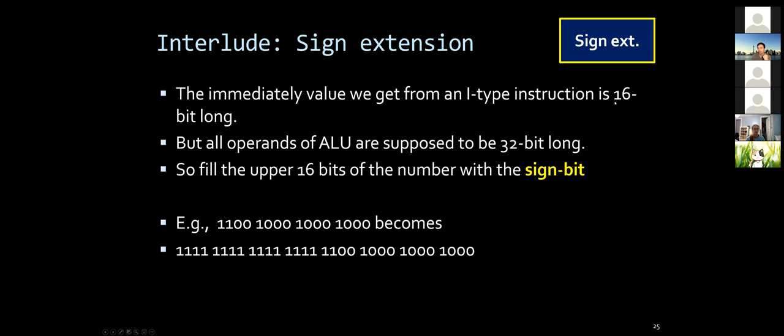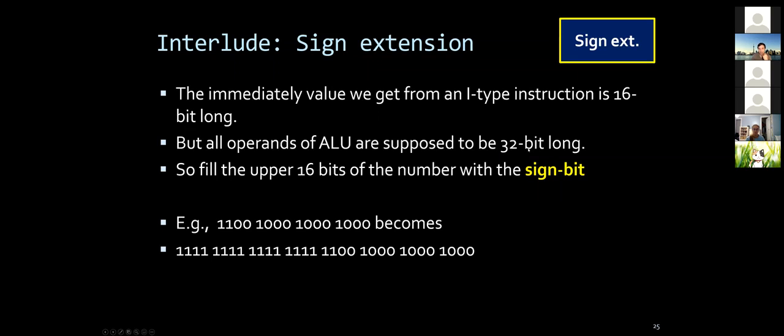I can't really store a 32-bit constant in this instruction. But our ALU units are supposed to deal with 32-bit values. So I cannot just take 16 bits and feed them into 32 bits.